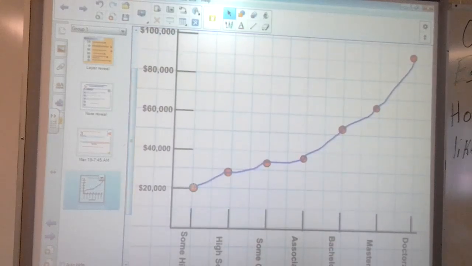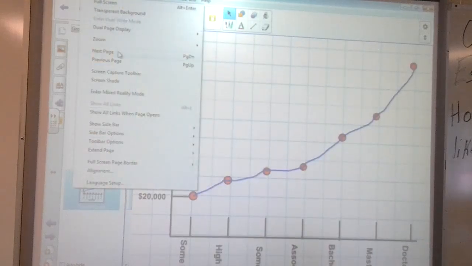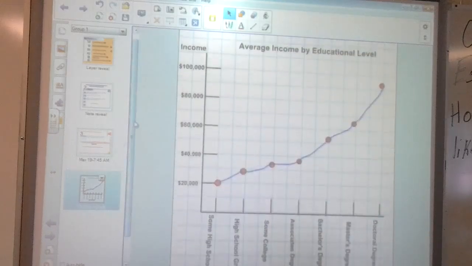If you have some high school, 20,000, high school diploma, you're up to 30,000. Some college is 35, and up. As your educational level rises, theoretically, so should your income level. You don't have to write this down. I'm just showing you an example of a graph. This is so big.